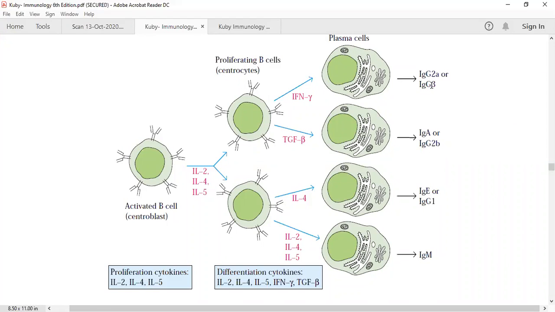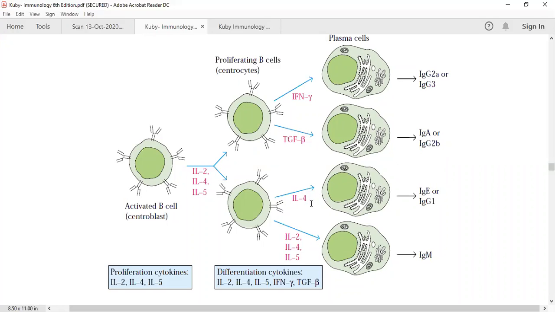We know there are 4 types of IgG, there are 2 types of IgA. So these subsets of IgG are made if there is interferon gamma in more amount. If the tumor growth factor, TGF beta, is present in excess, it will lead to class switching to IgA or IgG2B. All right.